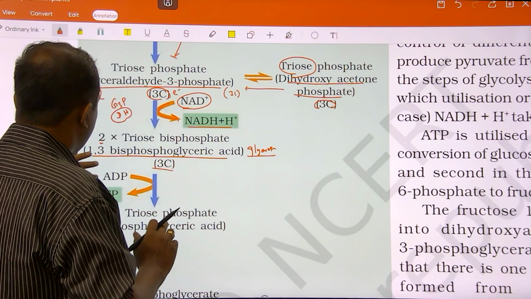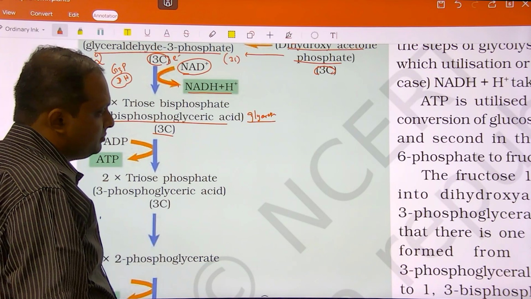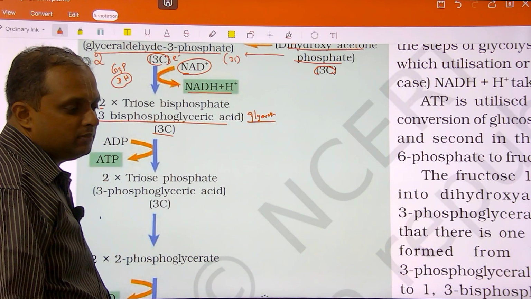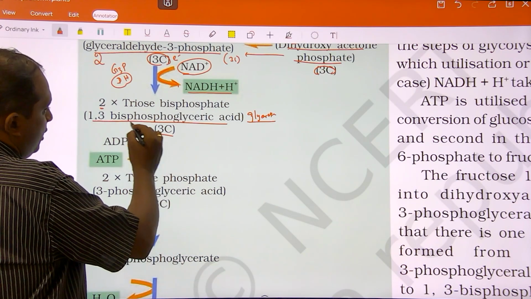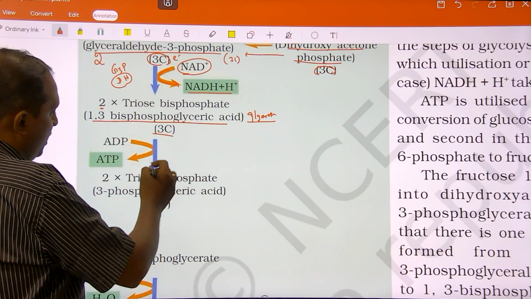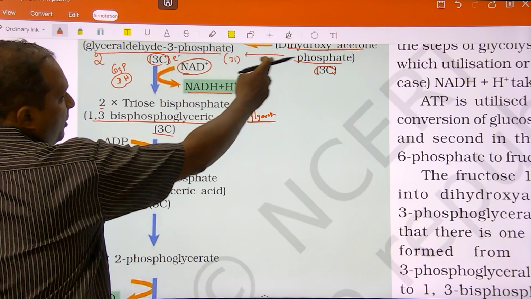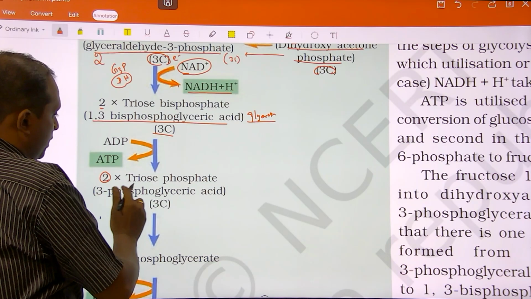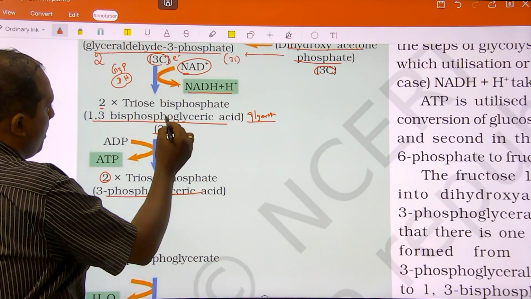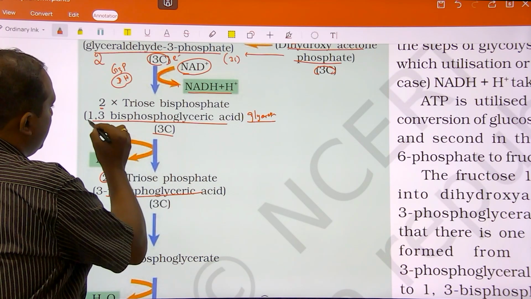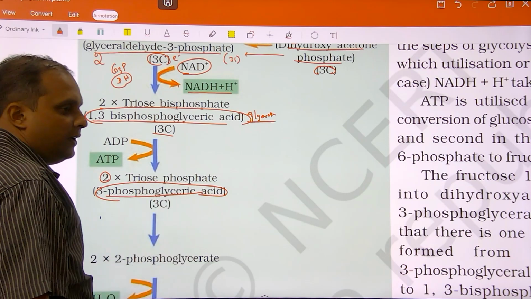ரைட். அடுத்தது இப்போ நோட் டவுன் சம்திங். கிளியரா இருக்கா? இப்போ அடுத்தது 1,3 bisphosphoglycerate, ரைட்? ஸோ இது 2 விட்டுட்டு 2ங்கிறது into 2, அதாவது 1 G3P coming from DHAP, ரைட்? ஸோ இப்போ 3-phosphoglyceric acid. அப்போ உனக்கு இதுக்கும் இந்த ரியாக்ஷனுக்கும் what difference do you see here?